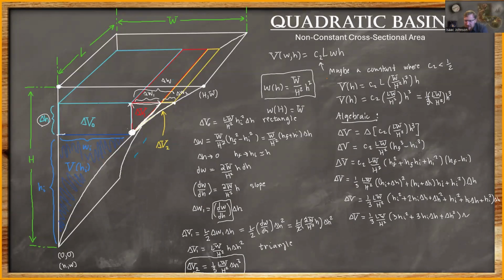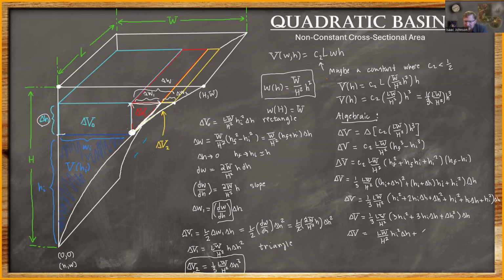So we're going to distribute that in because we want to separate these terms out, and we're going to see that algebra is actually doing the geometry for us, which is not always the case. The 1/3 is going to cancel with the 3 for these first two terms. So we get L W over H squared, and then an H initial squared times delta H for the first term.